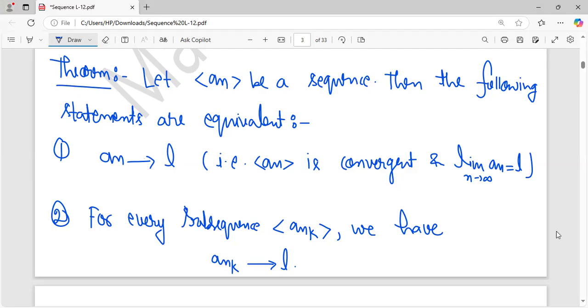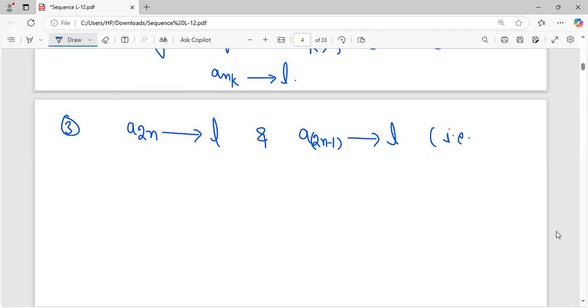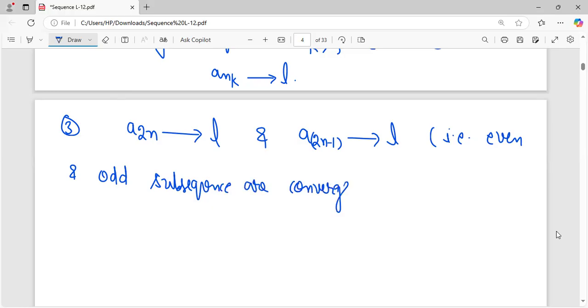Third, a_{2n} converging to L and a_{2n-1} tending to L. It means even and odd subsequences are convergent and their limit is L.